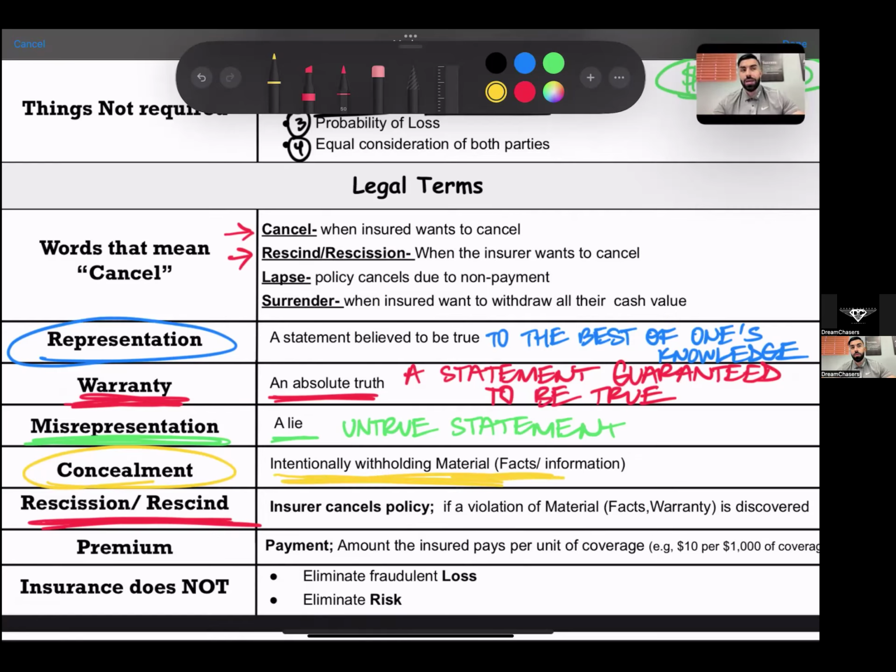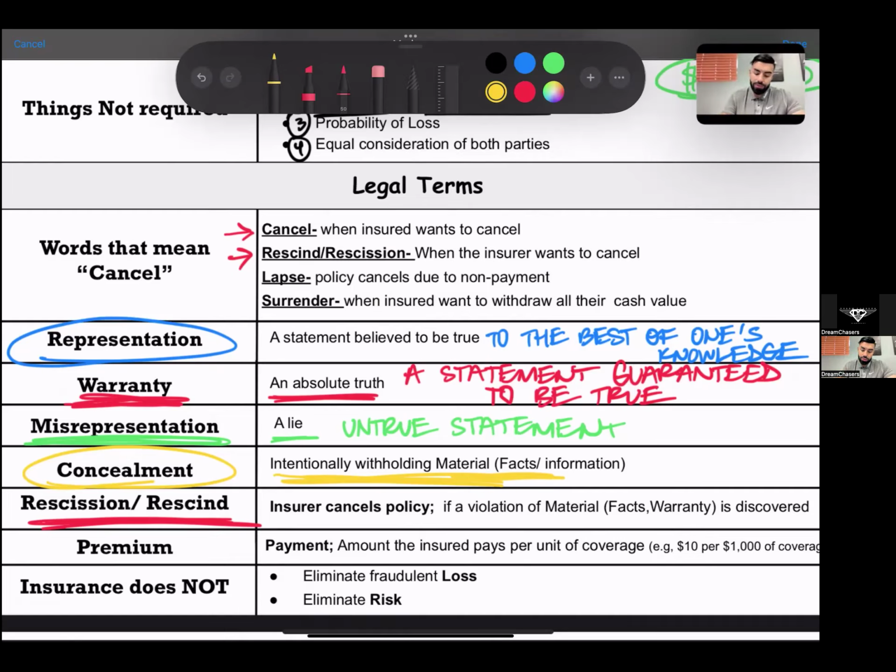I'm thinking, okay, well, I don't go to the doctor in the US, so they have no records of me here, but I go to the doctor in Mexico. There's no way they're going to get it because it's a different country. But I know for a fact that I have it, right? So that would be me concealing information. I'm intentionally withholding a material fact or material information that should be given. That is concealment.